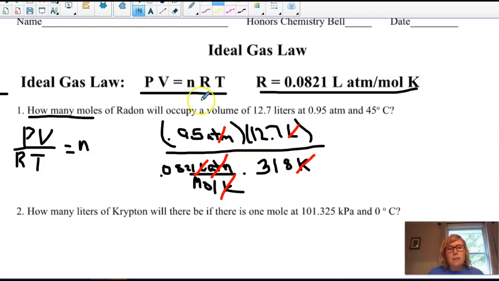Because of sig figs, there are 2 sig figs in 0.95, 3 in 12.7 liters, and 3 in the temperature, so it'll be 2 sig figs. So your answer is going to be 0.46 moles.